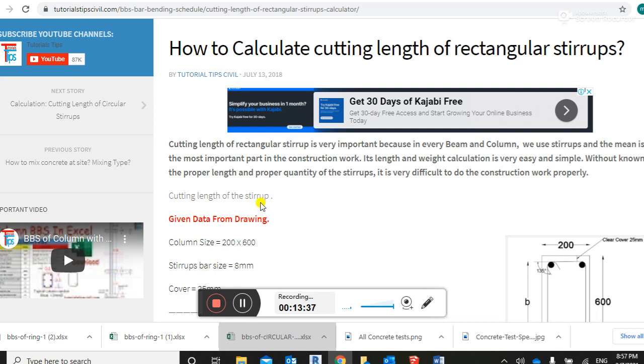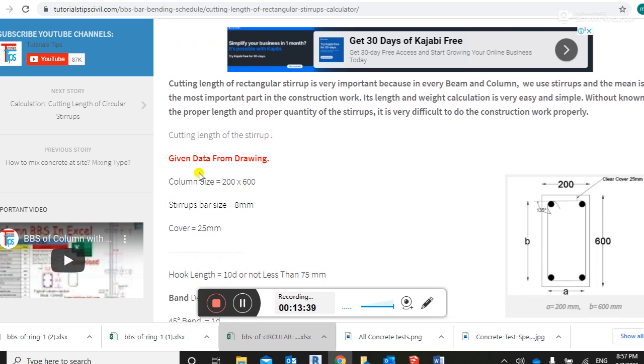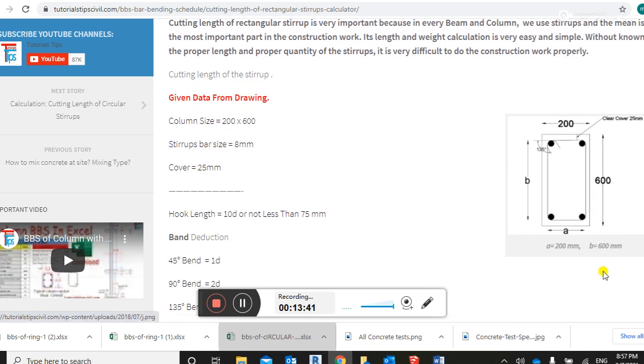Guys, for the cutting length of stirrups, we have our stirrup dimensions here. See guys, clear cover is 25 millimeter between reinforcement and top of concrete. This width is 200 and this length is 600 millimeter.